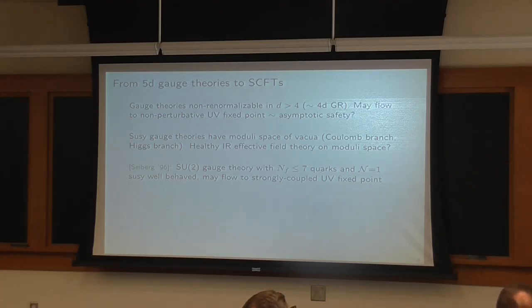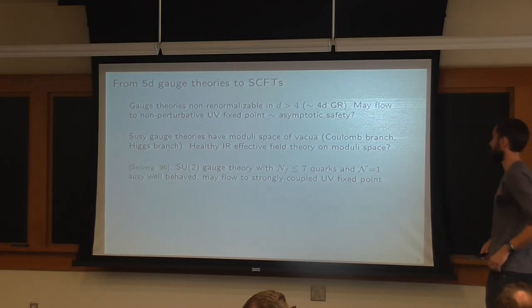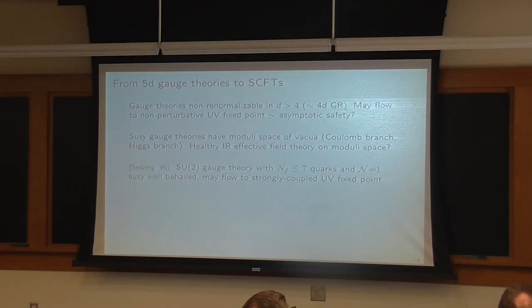If you go beyond that, it blows up at points where it's not supposed to. But if you stay below 7 quarks, then the theory actually seems to be well behaved. And so the conjecture is that if this bound is respected, then you have a well-defined CFT as a fixed point for this gauge theory.